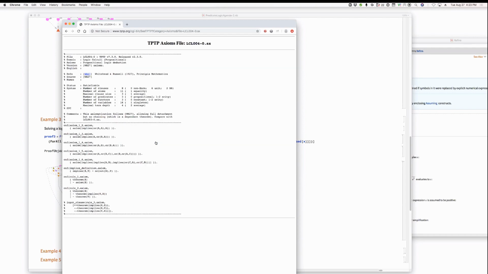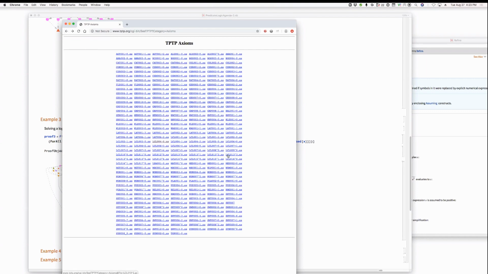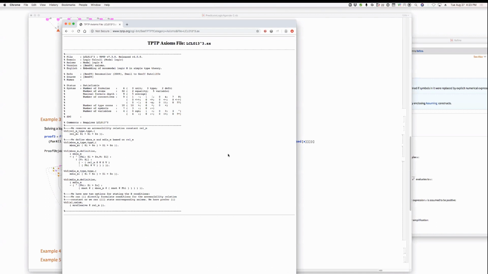That's cool. This seems highly relevant to us. We should have an import mechanism that can read .ax files. Yep, absolutely. But this also seems relevant. I don't know what these are in terms of what order logic they are.